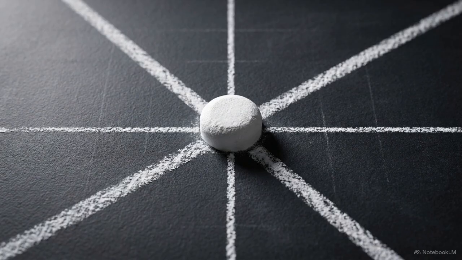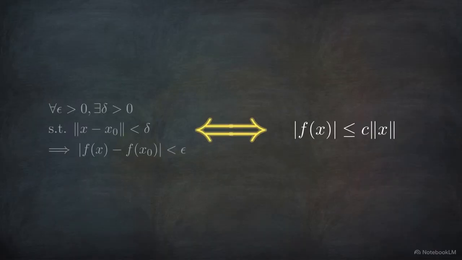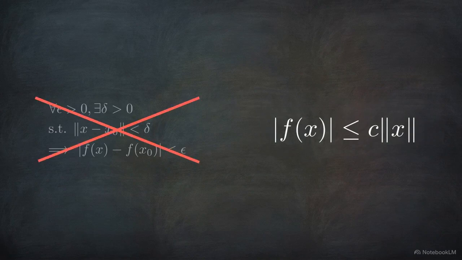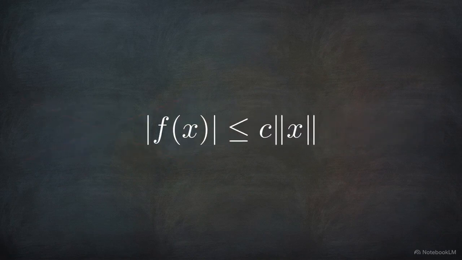Conversely, because the operator is linear, continuity at a single point, like the origin, implies continuity everywhere. This stability at zero ensures the functional cannot be unbounded. This equivalence allows us to verify the continuity of a functional using simple algebraic inequalities rather than complex topological limits.